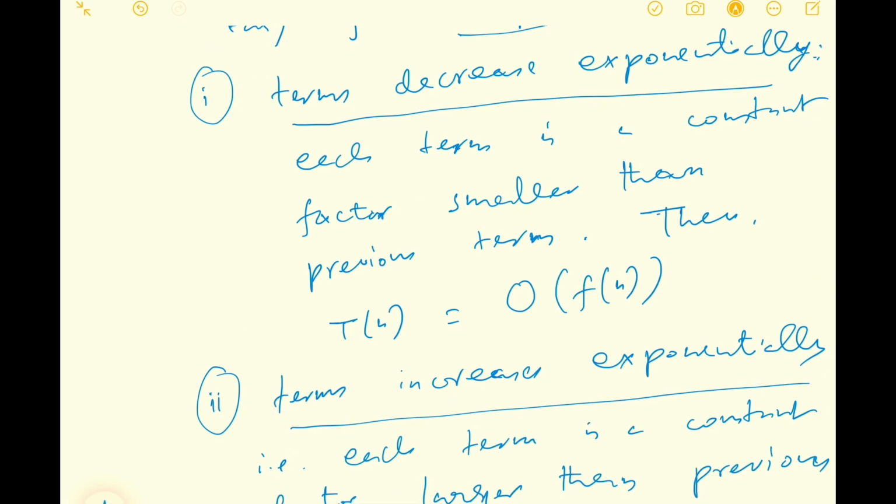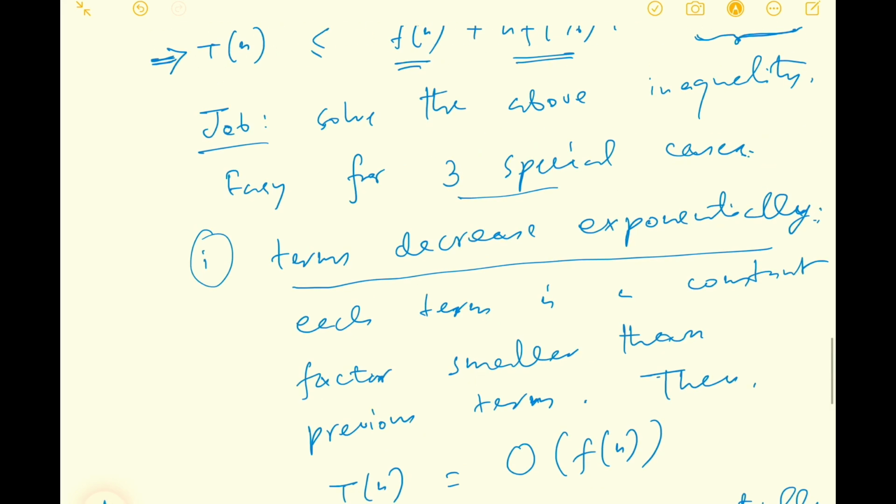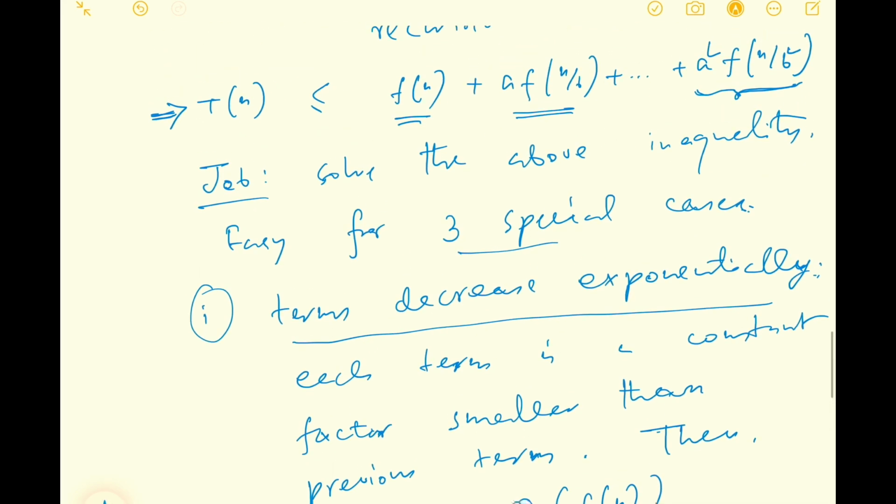To make these conclusions, that T(n) is big O of f(n) if each term is decreasing exponentially and so on, we don't really need the assumption that a should be an integer. This analysis holds except the recursion tree.